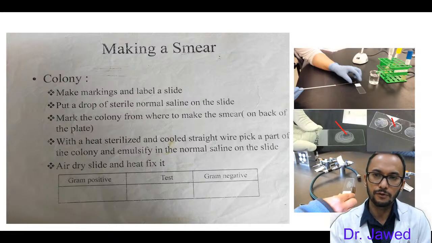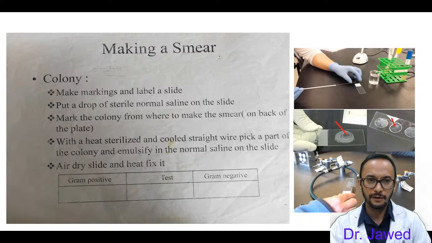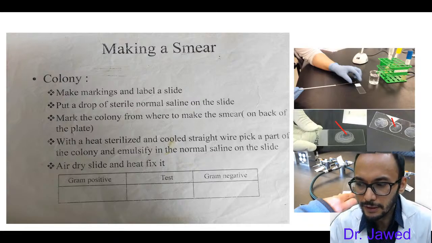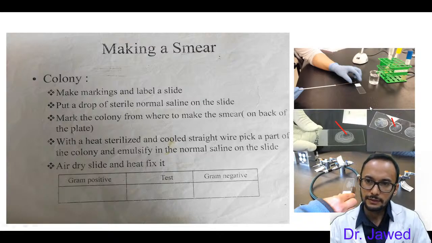So for demonstration of bacteria by staining, first of all we have to make a smear. For making a smear we require a glass slide, which you can see in the picture.